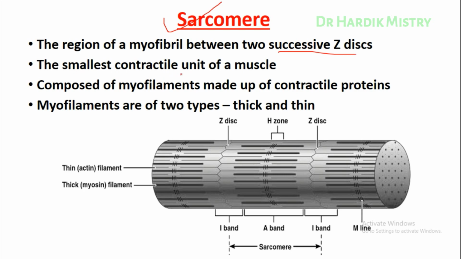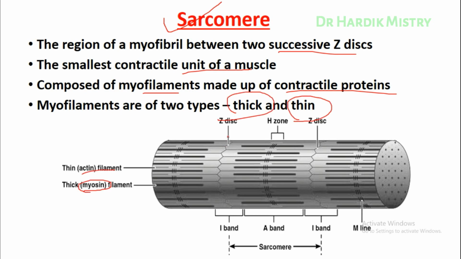The smallest contractile unit of a muscle. Sarcomere, we are saying, is the smallest contractile unit of a muscle. It is composed of myofilaments and is made up of contractile proteins. Myofilaments are of two types, thick filaments and thin filaments.